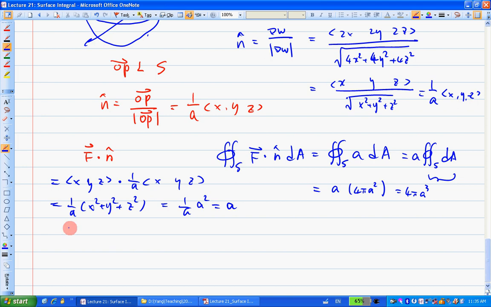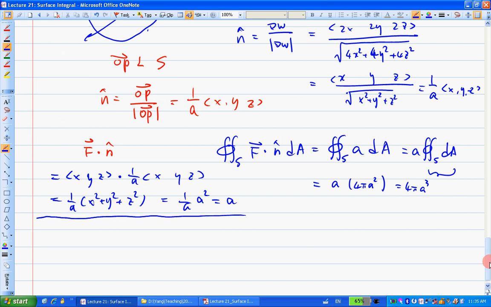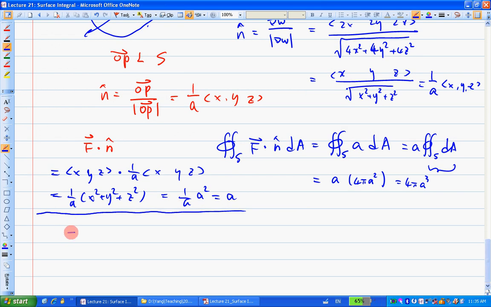Now the only question here is that things are not so beautiful or so convenient all the time. Let's say I change F to a different vector field, let's say to z k hat. If I do the same thing, I will get F dot n hat, which is z squared over a.